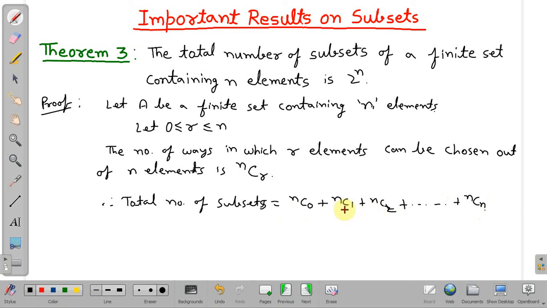We have to use the binomial theorem of (1 plus x) to the power n, and substituting x equal to 1, we can find the value of this. So it will be (1 plus 1) to the power n, and it is equal to 2 to the power n. This we have got using the binomial theorem. So this is how we can prove this theorem. So this is about theorem 3.